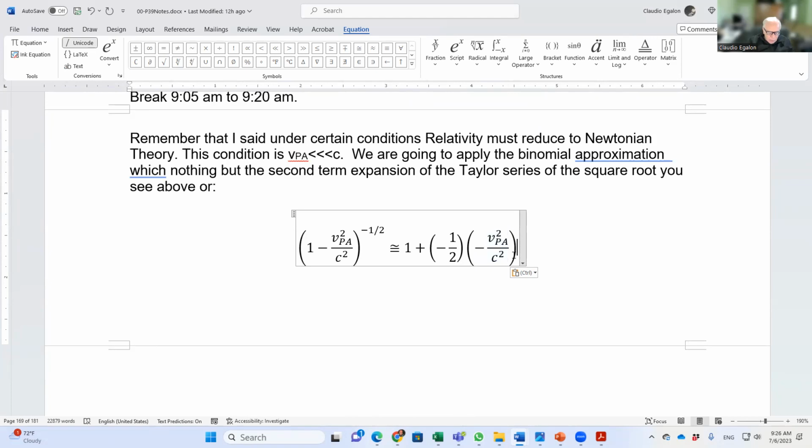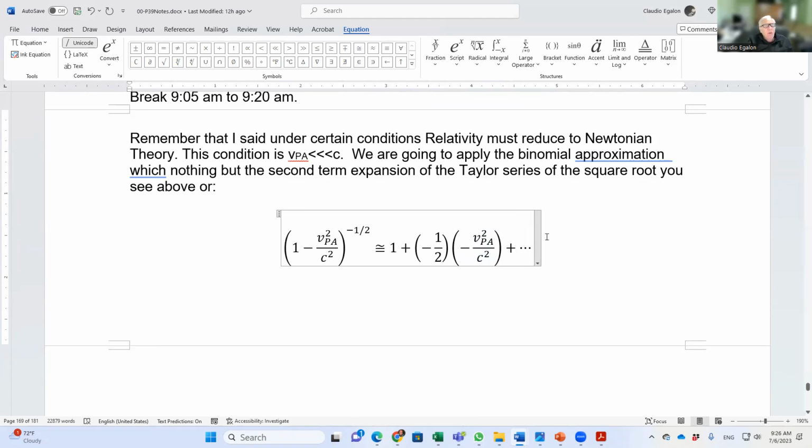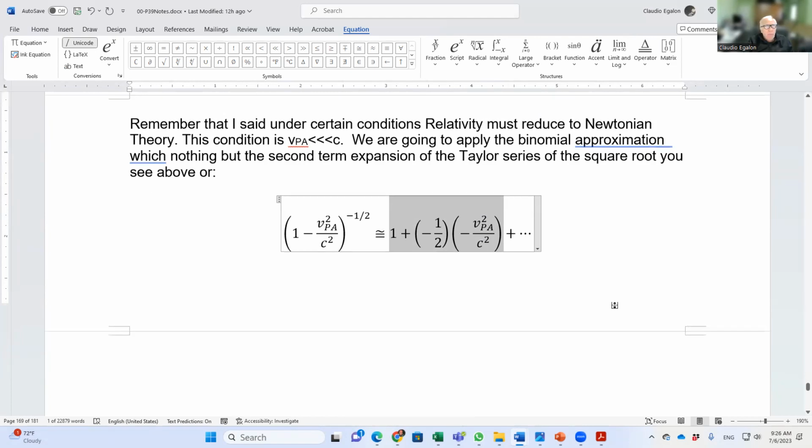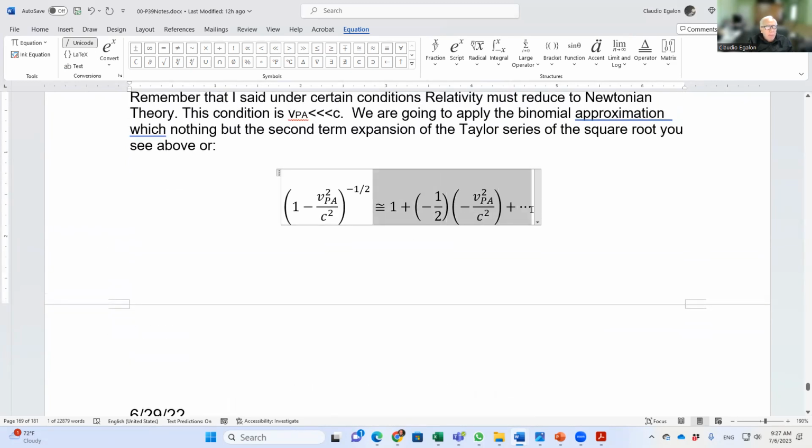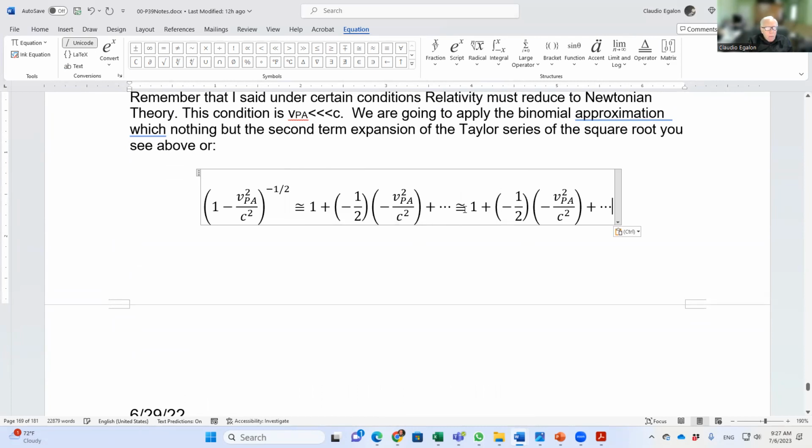There are more terms, but the binomial approximation, the name binomial approximation means that we get only up to the second term of the Taylor expansion of this formula. And we can simplify it. Right now it is not an approximation, but just an equality.